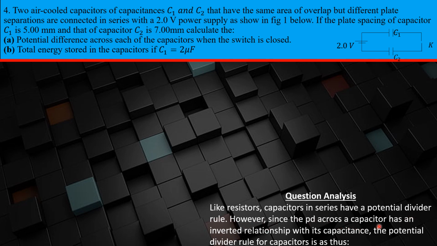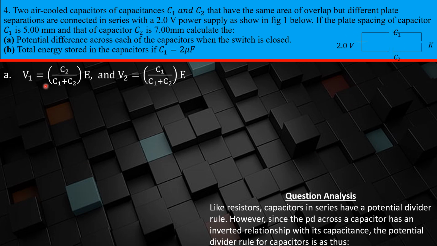However, since the PD across a capacitor has an inverted relationship with its capacitance, you can see this from your C equals Q over V. So V and C have an inverted relationship. The potential divider rule for capacitors is as thus. So how do we know how much of this EMF is dropped across each of these capacitors?